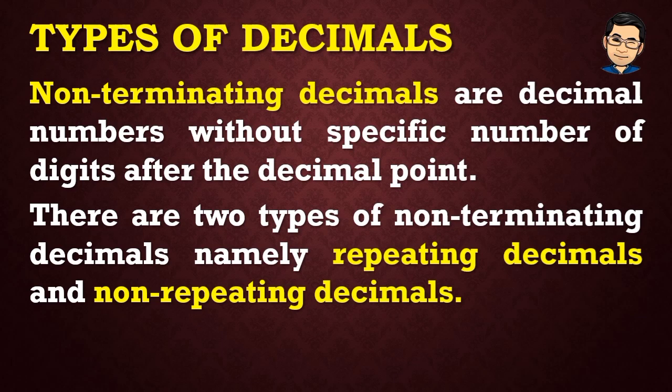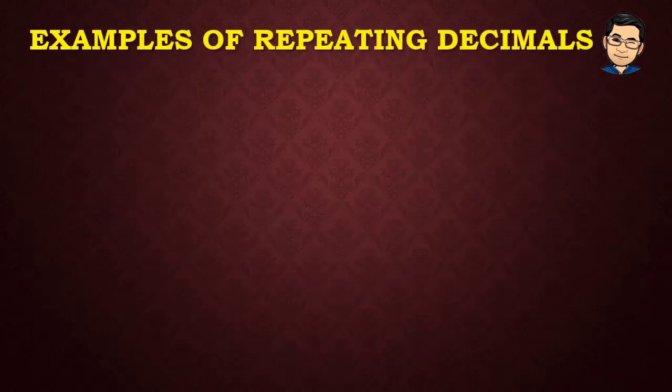So, pag repeating decimals yan, ibig sabihin, may mga particular number na umuulit ng walang katapusan. And then, yung kabaligtaran niya, yung non-repeating decimals naman, walang number na umuulit after ng decimal point, pero walang katapusan din. So, let's have examples of repeating decimals.